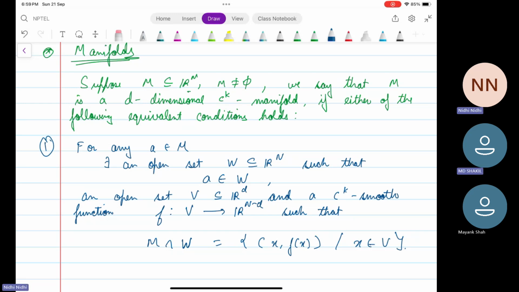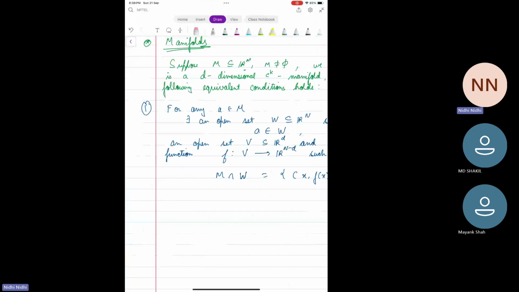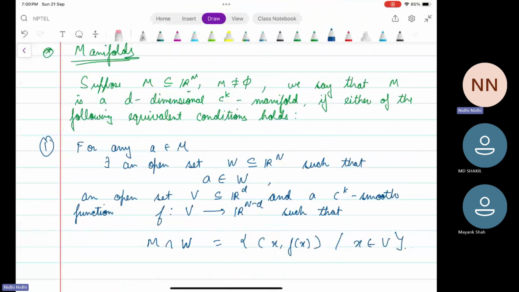So M intersection W will be open in M as a subspace, but we don't know whether this M is a subspace or not. If it was a subspace, then that was the definition for open sets corresponding to subspaces. Here we don't know anything about this M. M can be anything. In fact, we will see that open balls will eventually form manifolds. Those open balls are never a subspace.